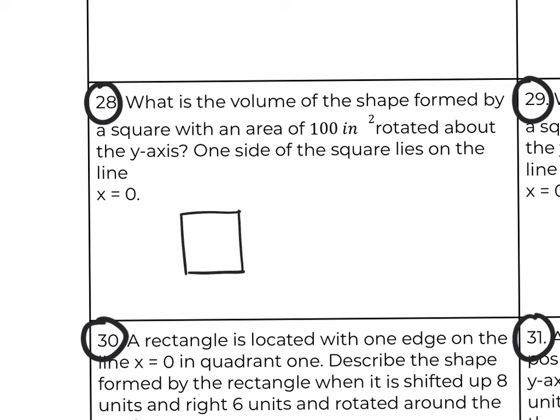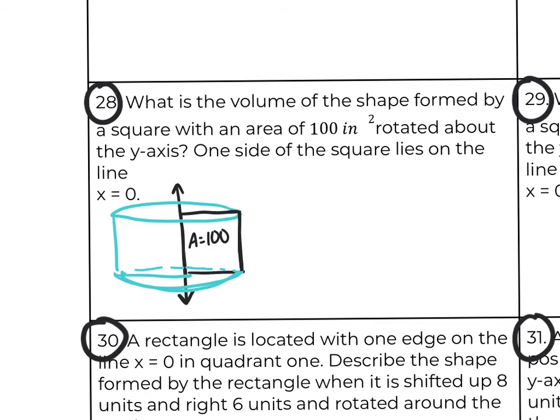So we have a square, area equals 100, and then it is rotated on the y-axis. So remember we did this in lesson 7.5. If it's rotated, you have a square on this side, which forms a cylinder. Then we need these sides of the square in order to know our radius and our height.